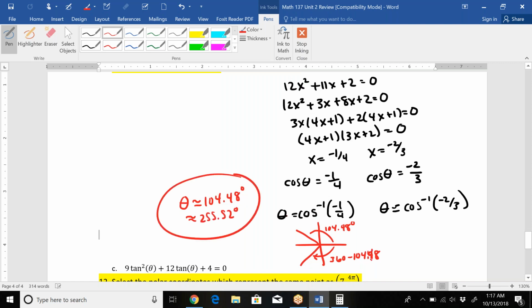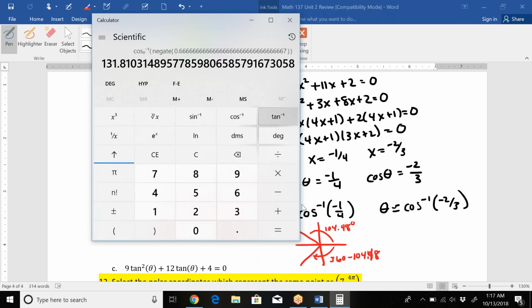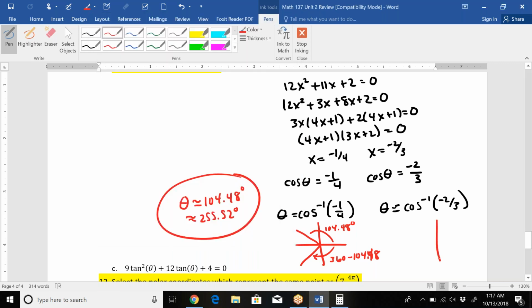Okay, so excuse me. We're going to do the same thing for this guy. So that's 2/3, and it needs to be negative. Inverse cosine, and that gives me 131.81. Again, in quad 2.